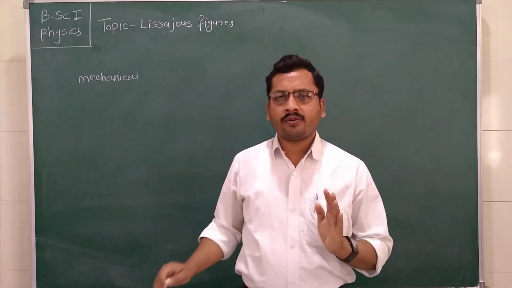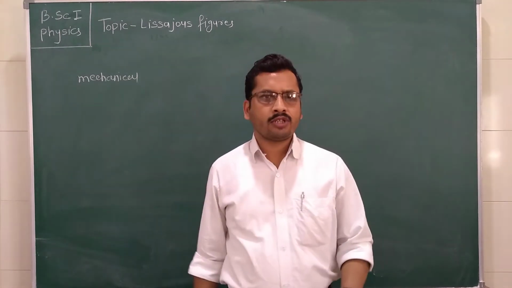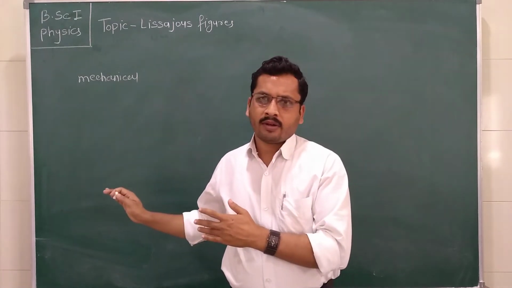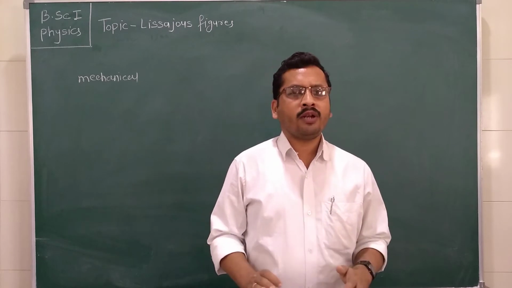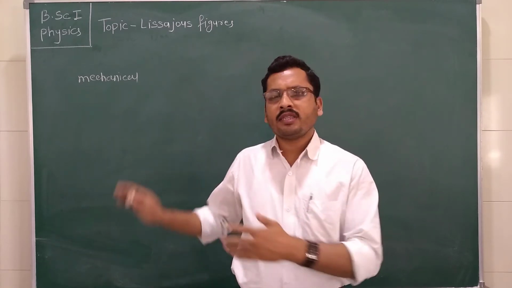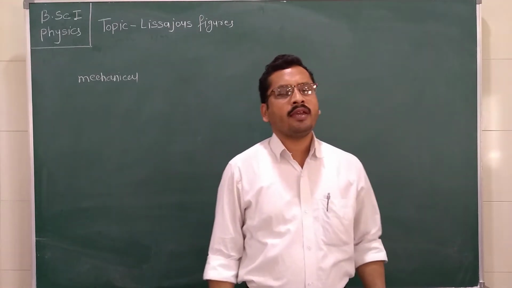So today we are going to discuss the Lissajous figure, how it is formed, and on which factors it depends. Now we move towards the methods by which the Lissajous figure can be obtained.